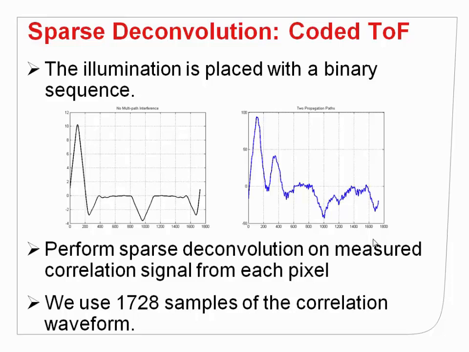You can see there are multiple echoes in that blue signal. By performing sparse deconvolution on that signal, you can recover both the distance and the amplitudes of those 2 returns. And this requires about 2,000 samples on the correlation waveform to be able to recover the different propagation paths.